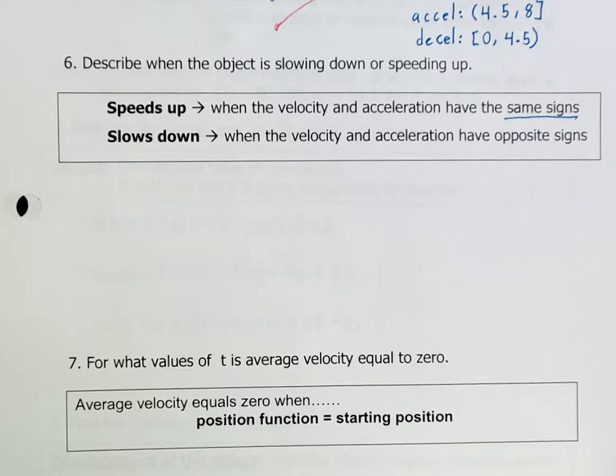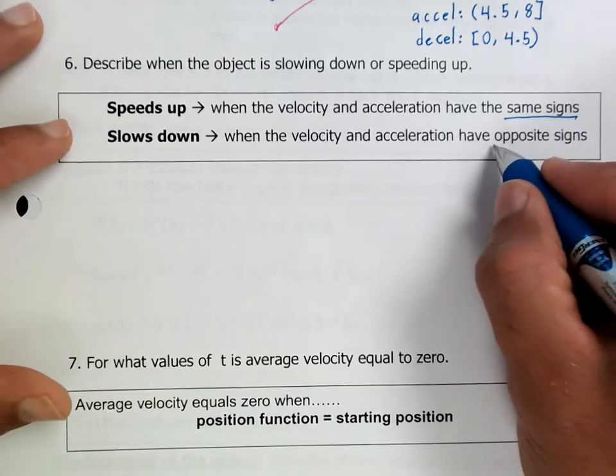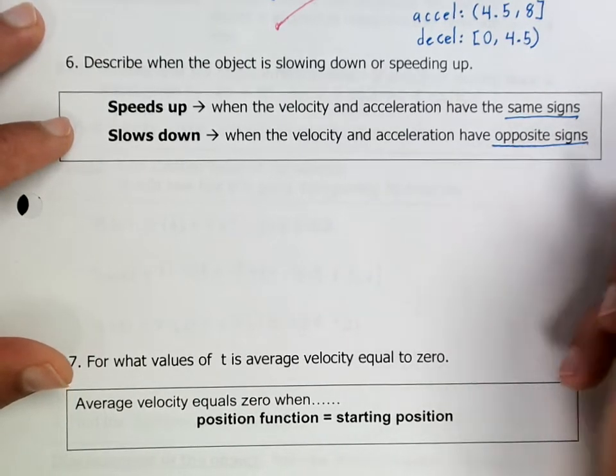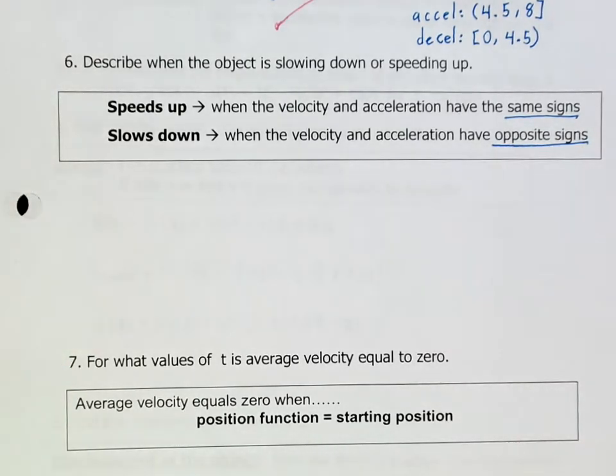If something's slowing down, the velocity and the acceleration are in opposite directions, or have opposite signs. For example, if I throw a ball up in the air, as it goes up it has positive velocity while its acceleration is negative because gravity is pulling down. So the ball should be slowing down, and it does.